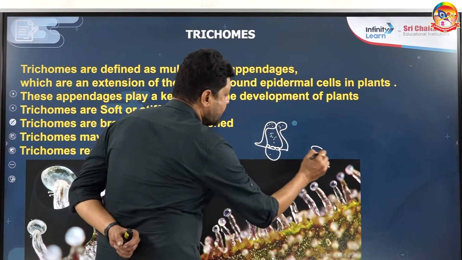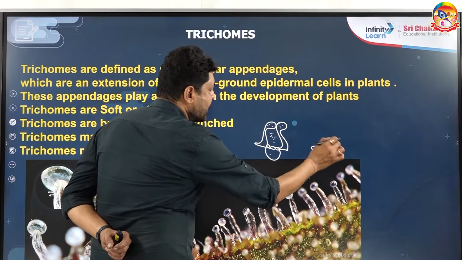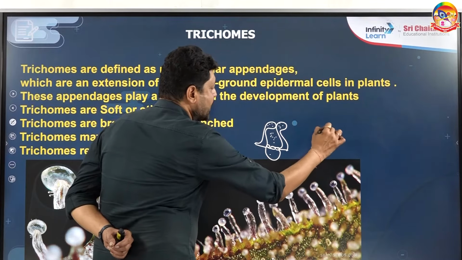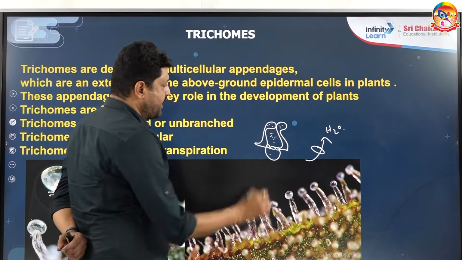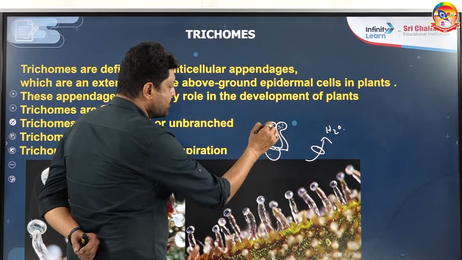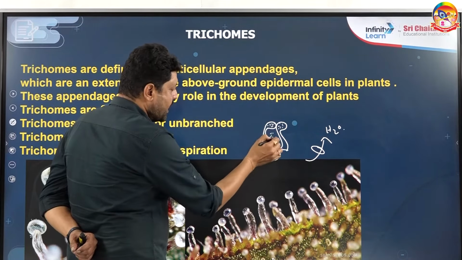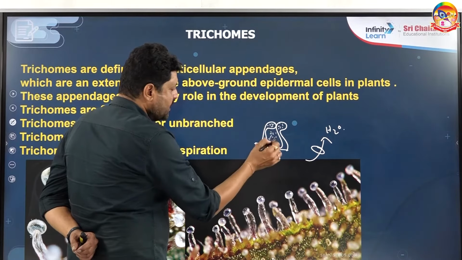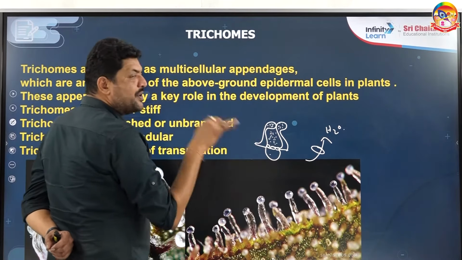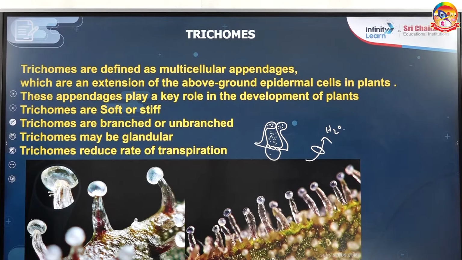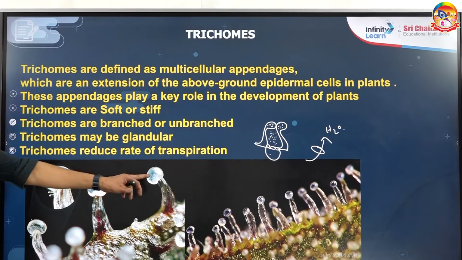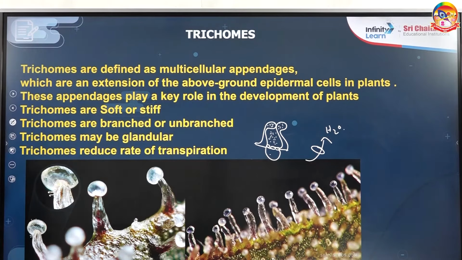If they are not there and the air is dry, the water will evaporate. The main function is to maintain water in the immediate atmosphere of the stomata so that they prevent the rate of transpiration, because some of them are glandular. They store water.